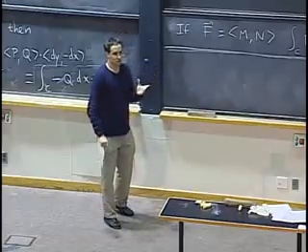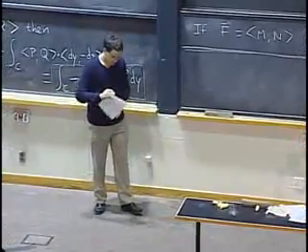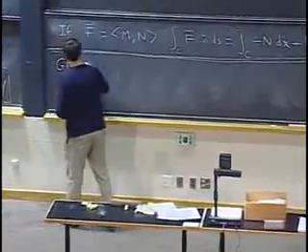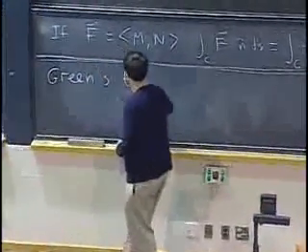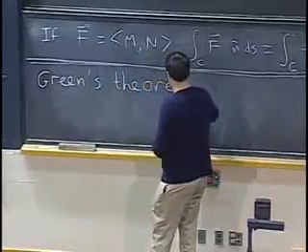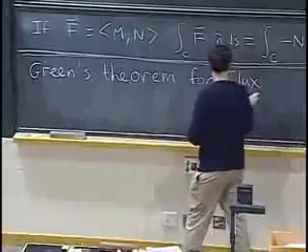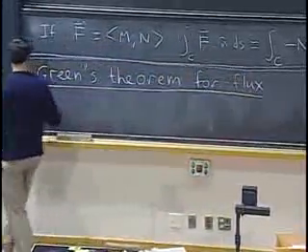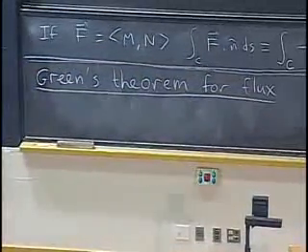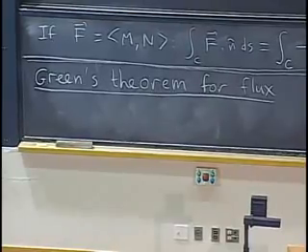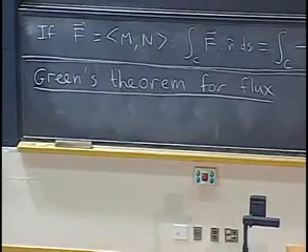So there is a version of Green's theorem for flux. And you'll see it's not more scary than the other one. It's perhaps less scary or perhaps just as scary or just as not scary, depending on how you feel about it. But it works pretty much the same way.